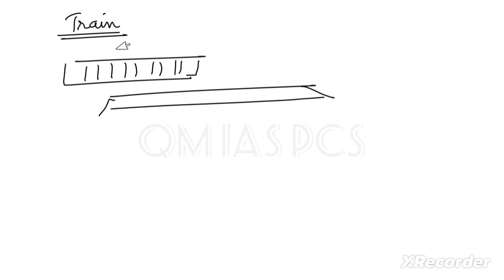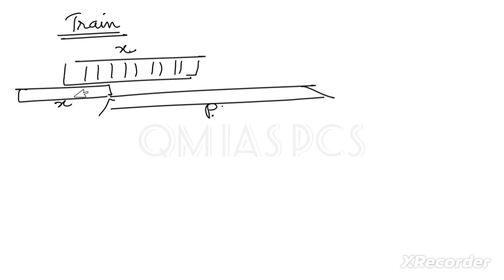So there is some length of this train. Let's say the length is X and the platform length is P. Whenever the train is passing through the platform, let's say right now the train is here.